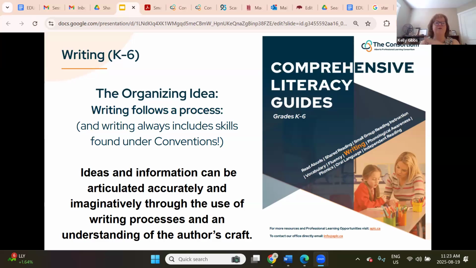So altogether, that still is part of writing. Here we look at what that writing is: ideas and information that can be articulated accurately and imaginatively through the use of writing processes and an understanding of the author's craft, which I think I accidentally put into one of the other guide descriptions. So I'll make sure I edit that for you all.